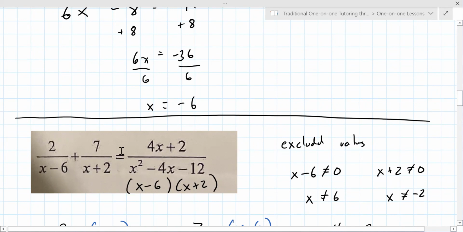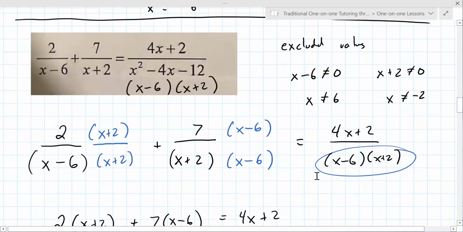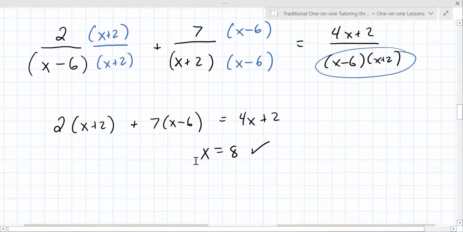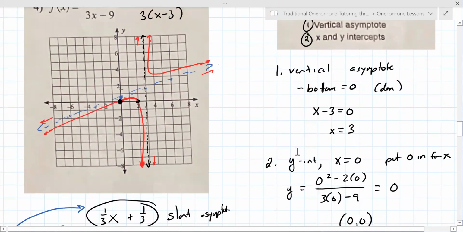You figure out what's excluded and what's missing. And you just work it out from there. And then we did a bunch of these, 3 or 4 graphing problems. You seem to have it all down. Slant asymptotes are where you divide. Vertical asymptotes, you set the bottom equal to 0. For x and y-intercepts, set x to 0 or the numerator to 0. So just somehow remember those rules.